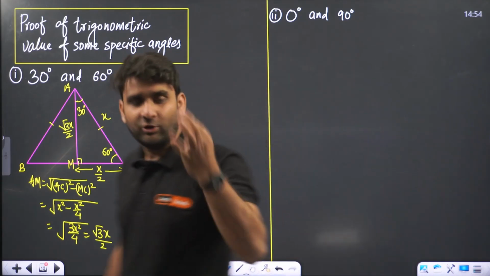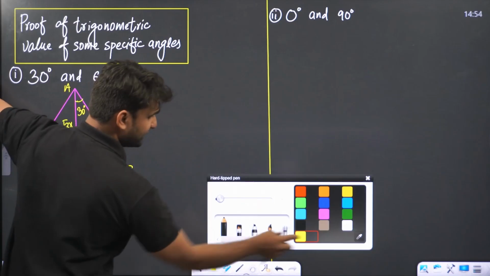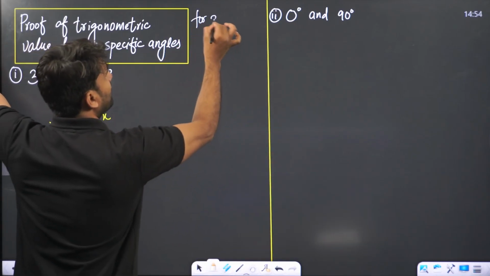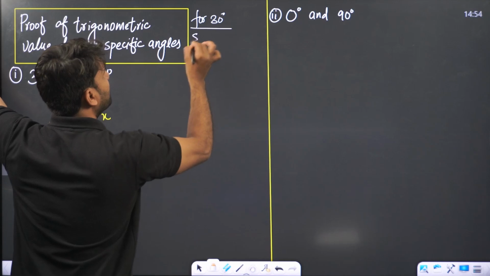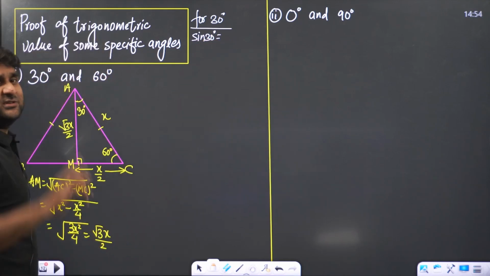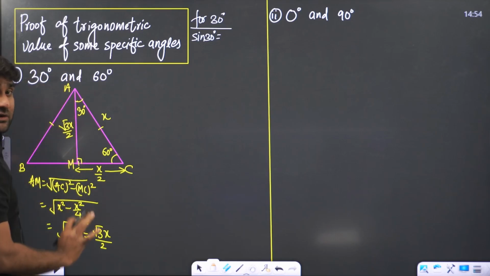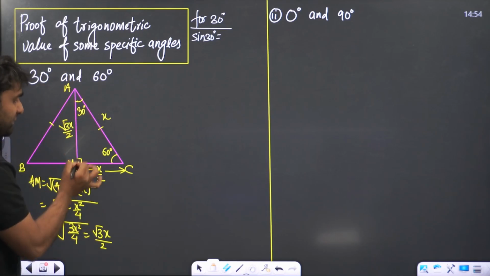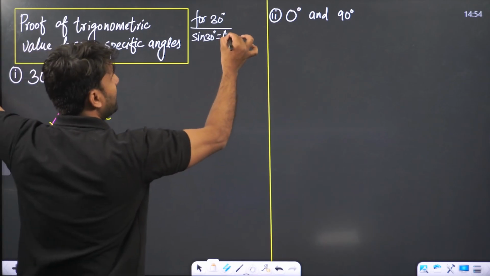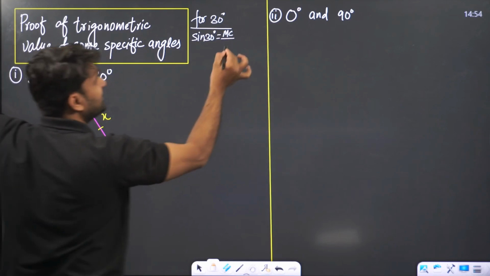Now let's write all the values. Let's write all the values for 30 degree first. So for 30 degree, my dear, sine 30. Do you know sine is perpendicular by hypotenuse, but we are writing for 30 degree. So for 30 degree, perpendicular will be MC, right, by hypotenuse, hypotenuse is AC.